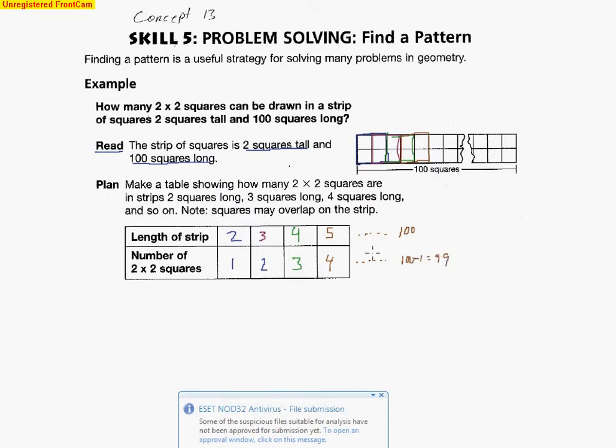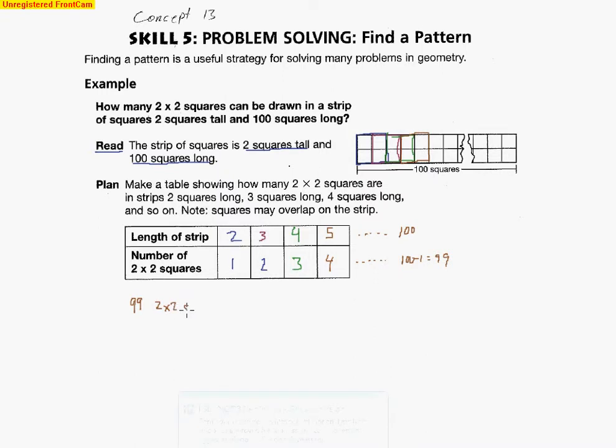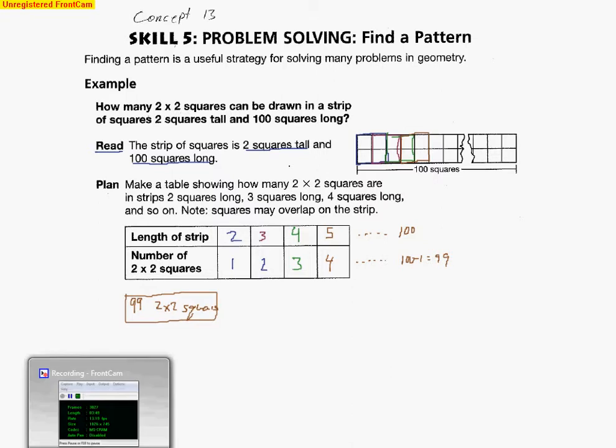So we can make 99 2 by 2 squares. That would be our answer, because that's what they're asking: how many 2 by 2 squares can we make from a strip of 100 squares length?